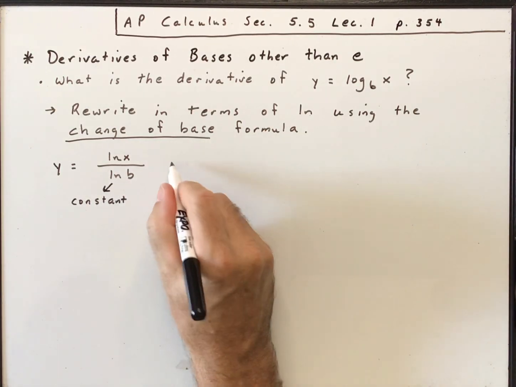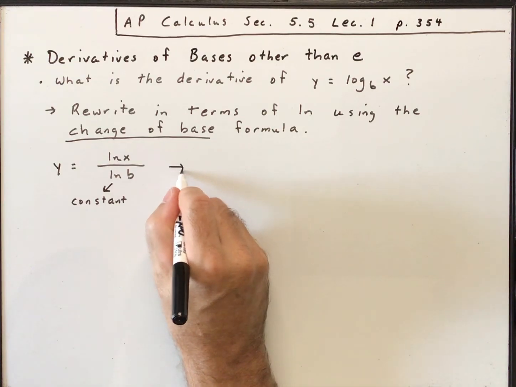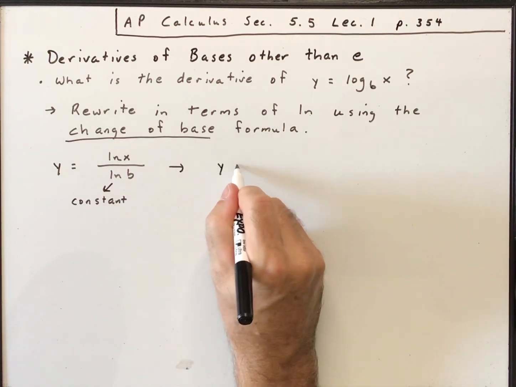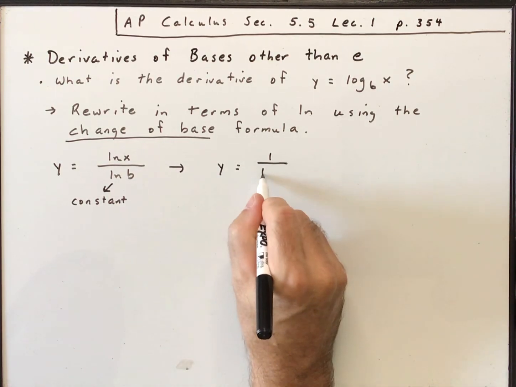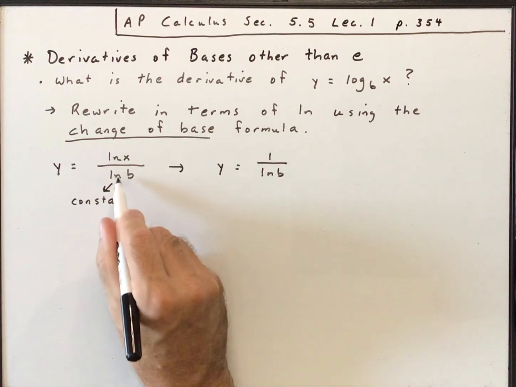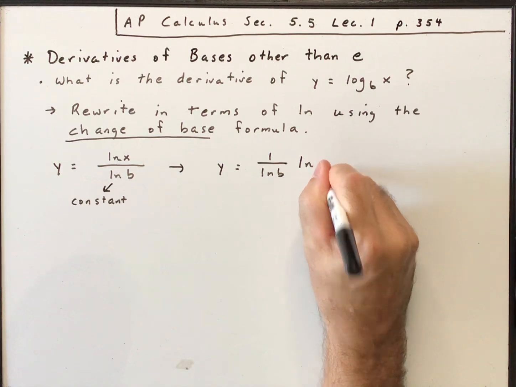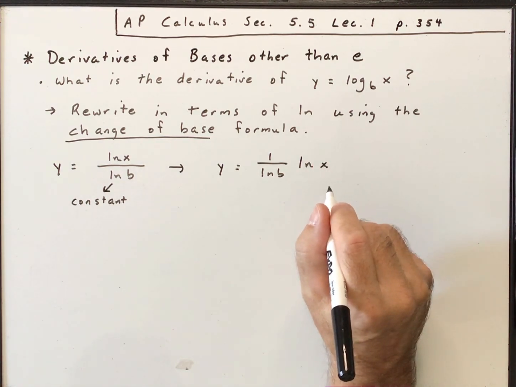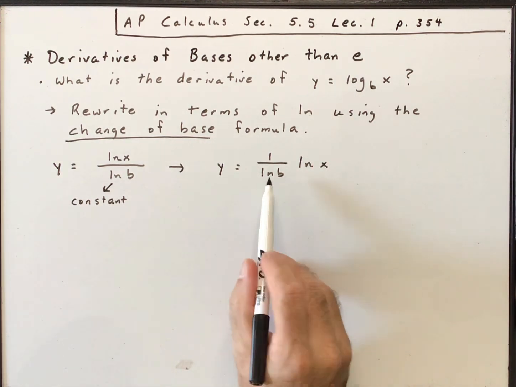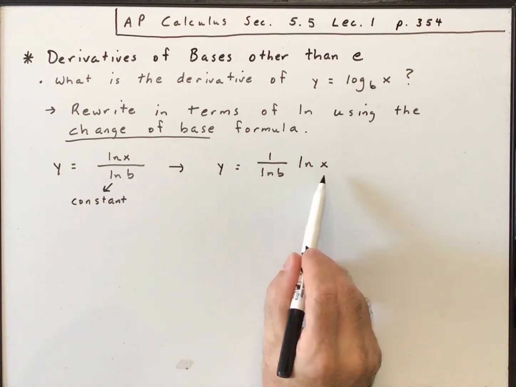So what you want to do is bring that constant out front. So we would have y is equal to 1 over the natural log of b, because it's on bottom, times the natural log of x. We rewrote it that way just to visualize it a little better.